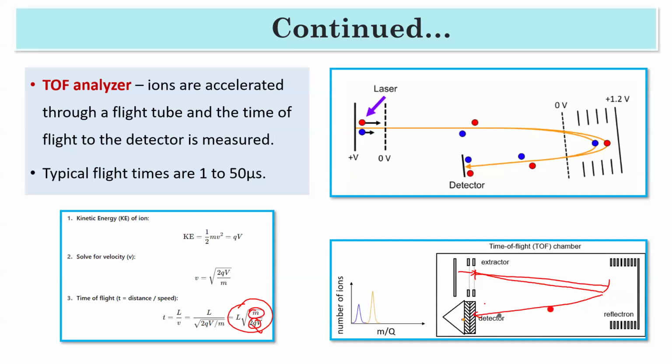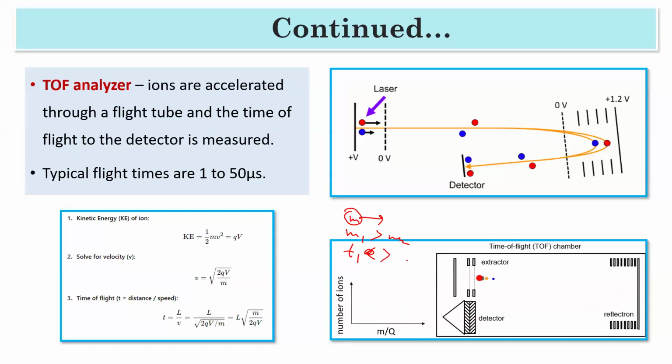And you can have all of them because all different ions will move at different times, right? I hope you understand why they will move at different times, because heavier mass will move slower. Suppose mass m1 is higher, so what will happen?